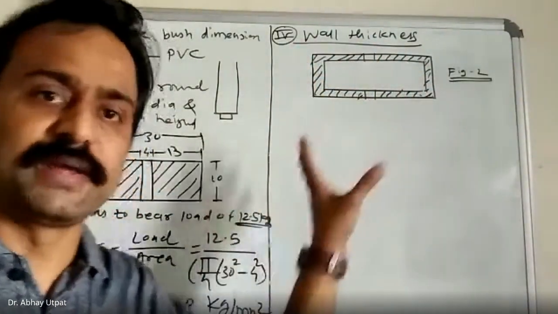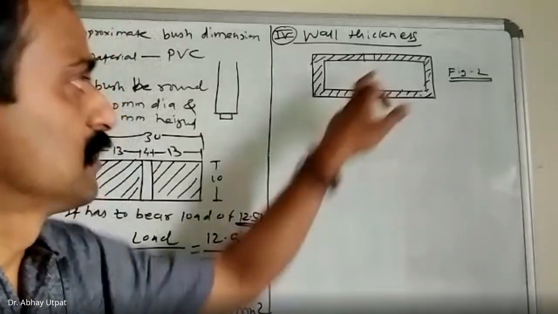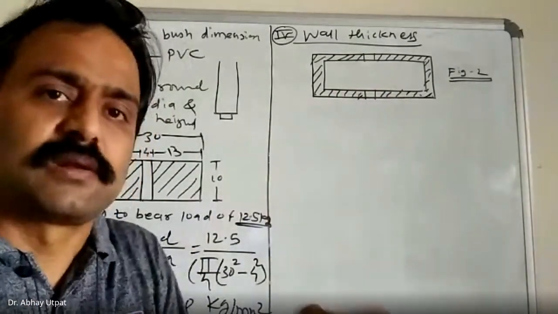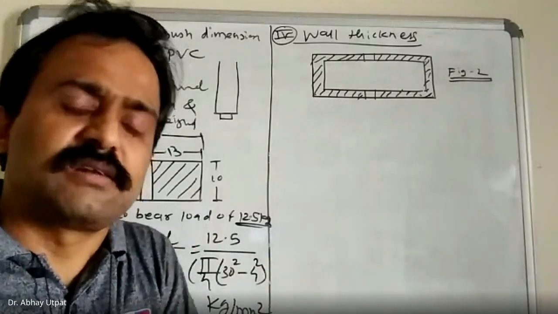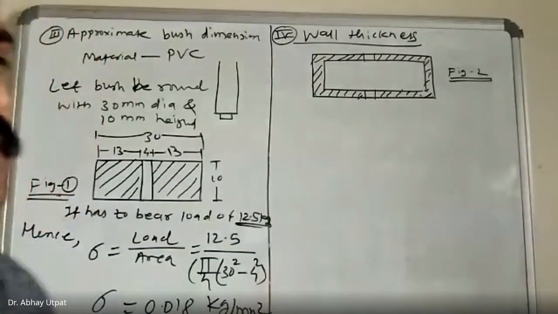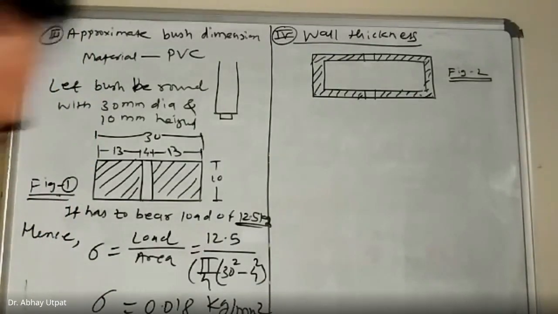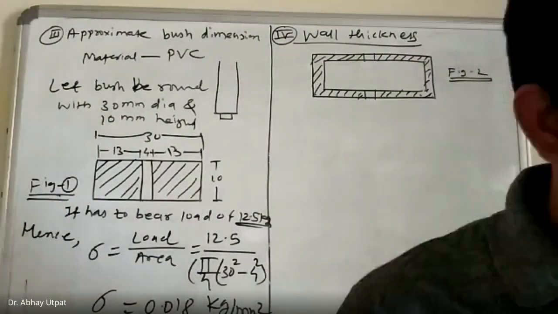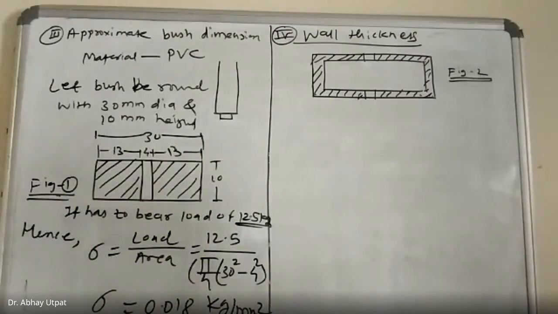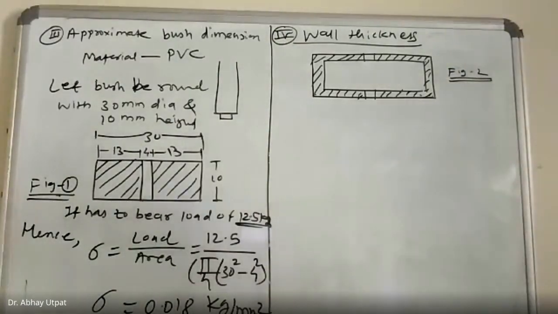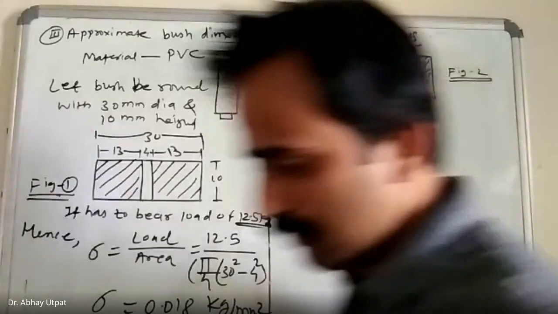We are modifying stepwise. Hollow bush. But it is very difficult to manufacture because there are horizontal shuts and sliding cores. Write down the statement: the design from figure 2 requires sliding cores.